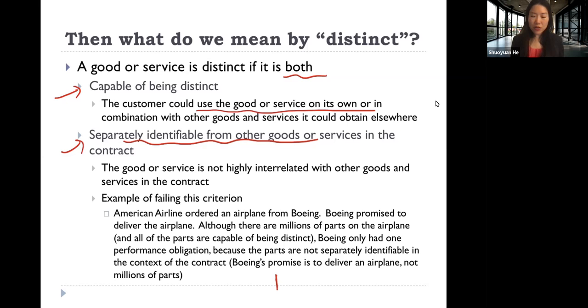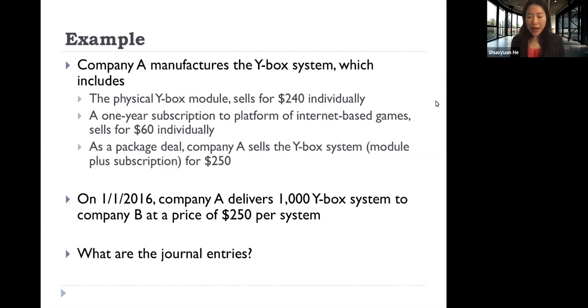And then let's look at an example. Company A manufactures the white box system, which includes the physical white box module that sells for 240 individually. A 1-year subscription to a platform of internet-based games sells for 60 individually.